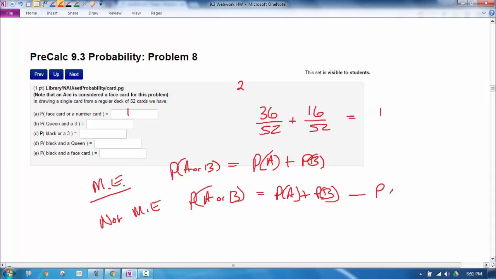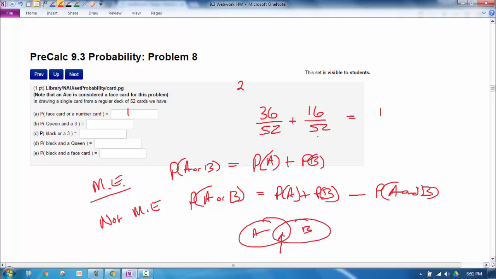The overlap would be A and B. And that comes right from picturing a Venn diagram. If there's overlap, you've got to subtract the overlap in the middle to get the OR, which would be this whole thing. So this should make sense if you just look at a Venn diagram of the two events.